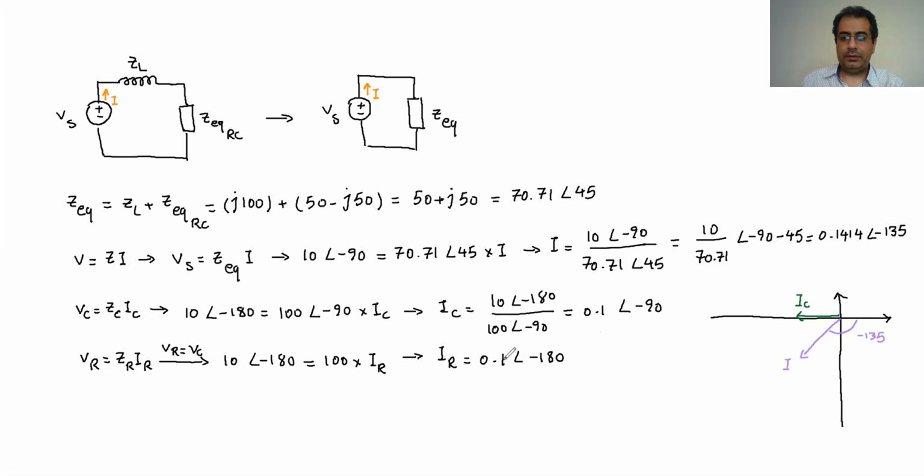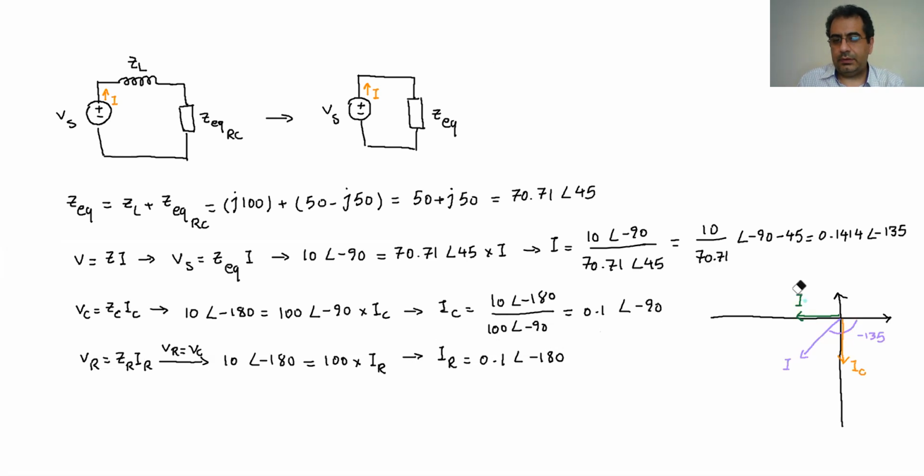Then we have IR that has the negative 180. So this is the IC with negative 90, and this is the IR with negative 180.